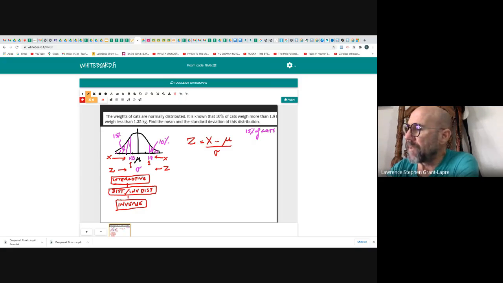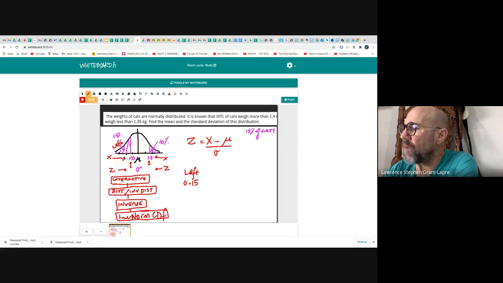So press inverse and then the inverse of the normal cumulative distribution function, the inverse normal, that's the first one. We're going to use the left tail first. The probability is 0.15, because we want the probability to be 0.15 less than that line.